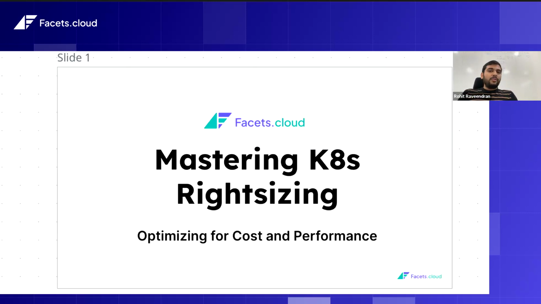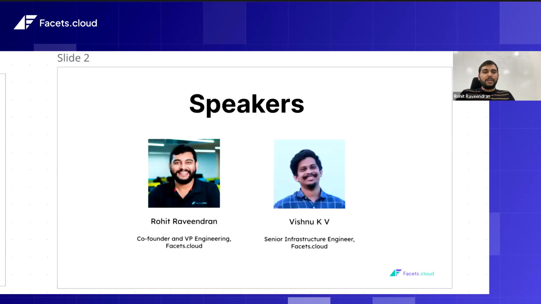So let me introduce myself and my colleague Vishnu is with me. I'm Rohit. I'm co-founder at Physis Cloud. Physis Cloud is a platform engineering product which lets you create your software architecture, and from the architecture we are able to generate automations to manifest your environments, how many ever you want in whatever cloud.